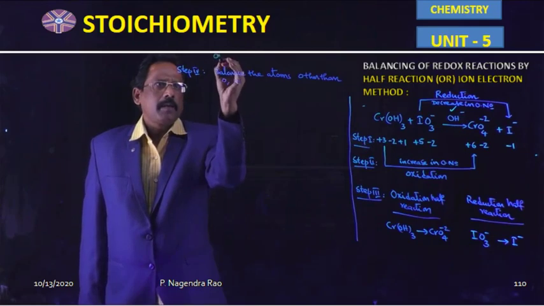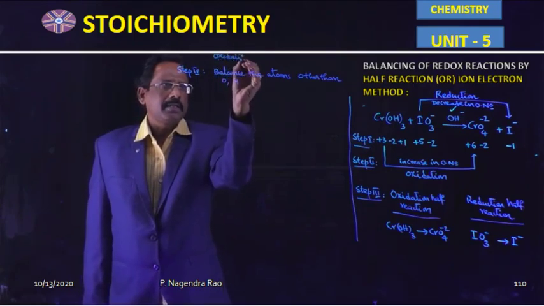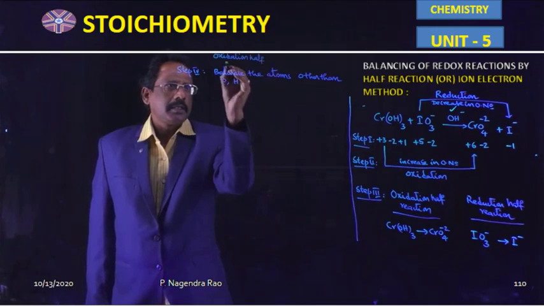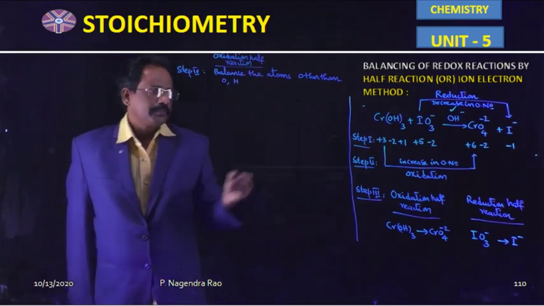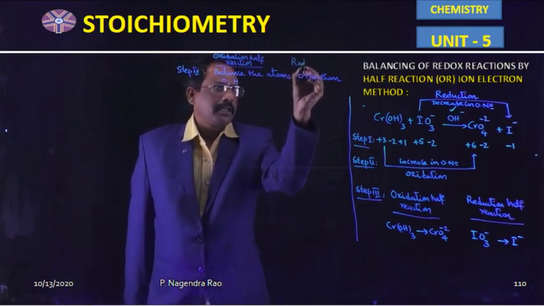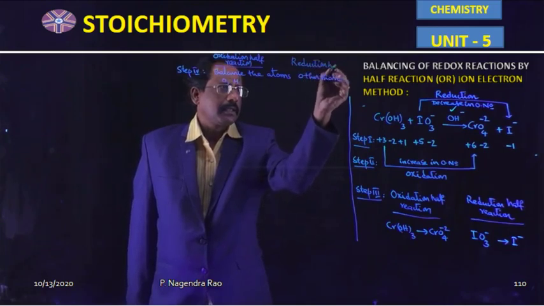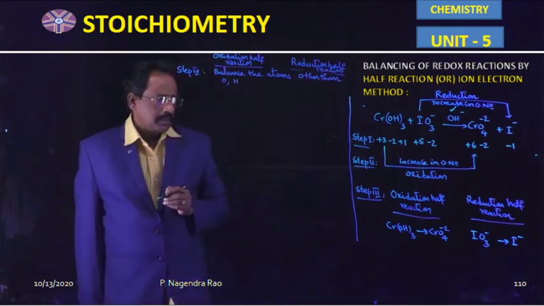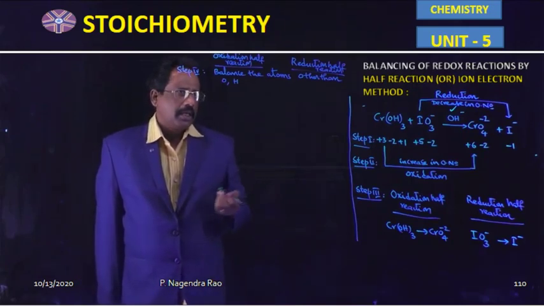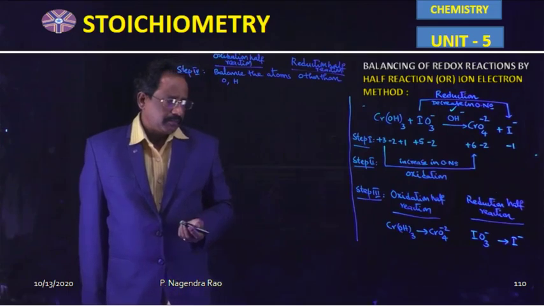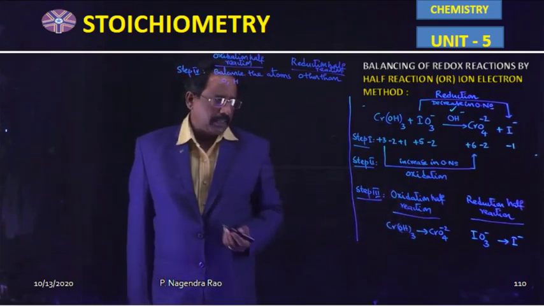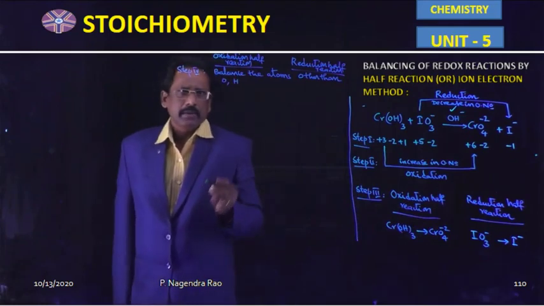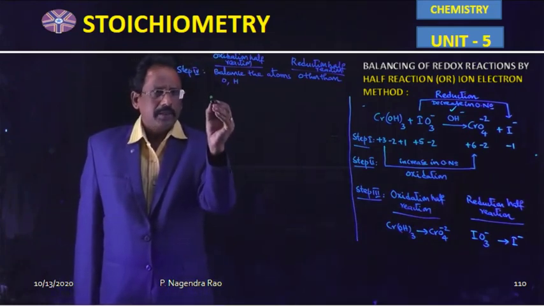In oxidation half reaction and in reduction half reaction, atoms other than O and H are already balanced. Chromium and chromium balanced. Iodine and iodine. So copy the same equation.